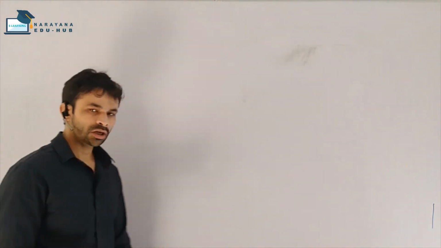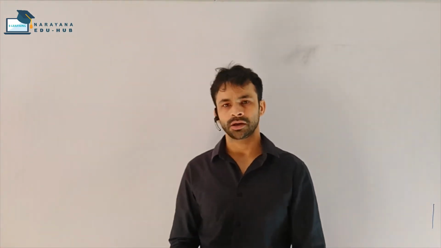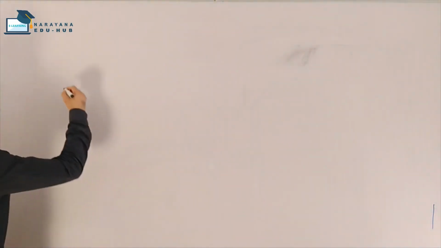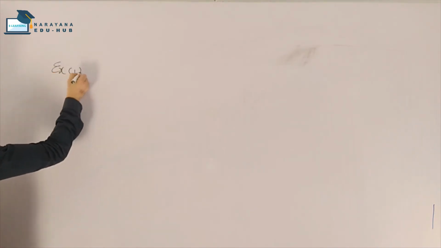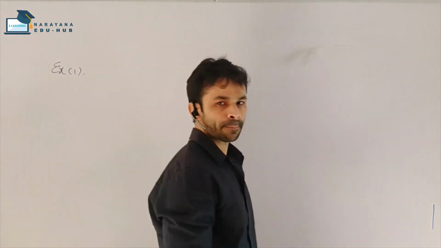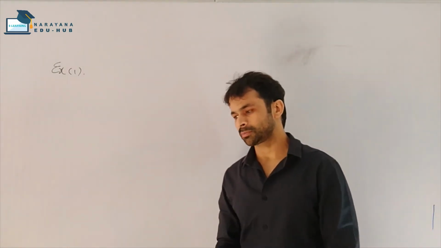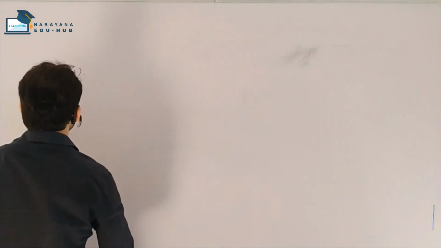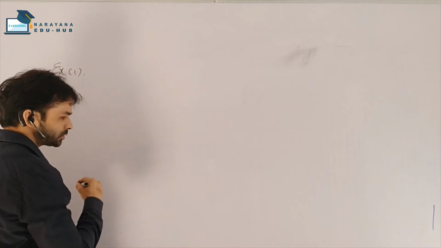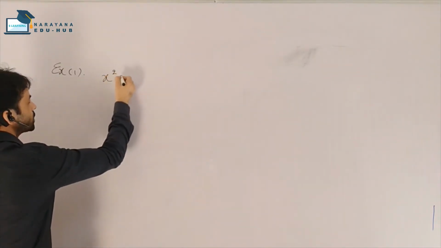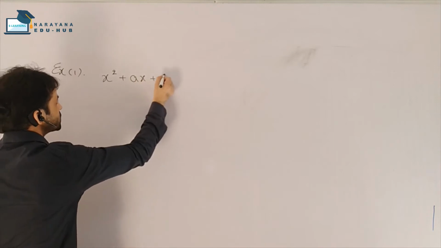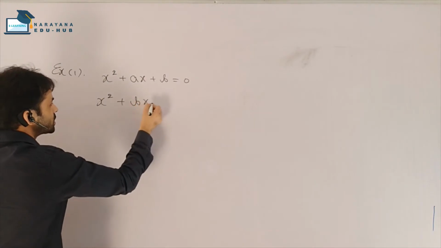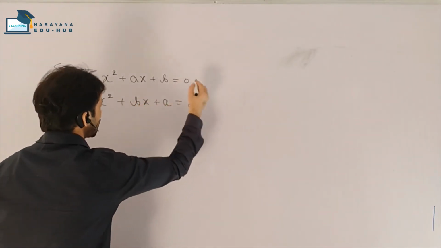Before coming to the next point, we can see some very simple problems of IIT based on common roots. Like there was a problem in IIT around 1990, or a year or two before that: x square plus ax plus b equal to 0 and x square plus bx plus a equal to 0 have a common root.